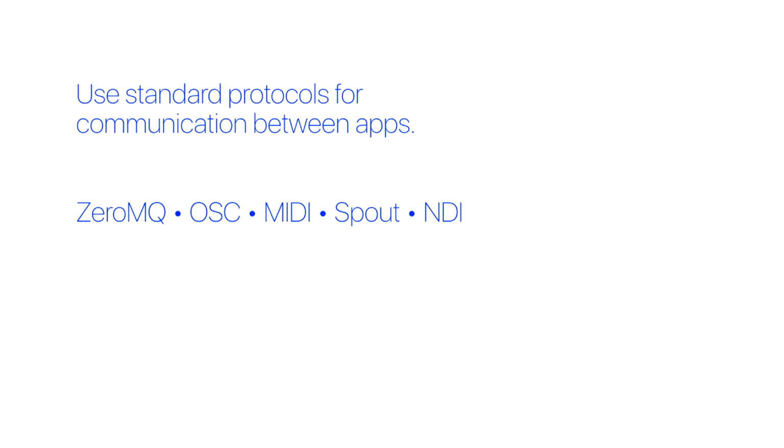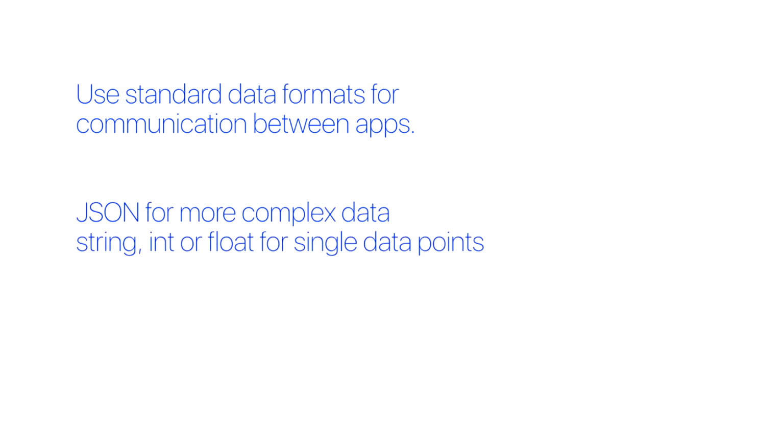Then Spout can be used for sending video between apps on the same machine, and NDI if you need to send video to other computers on the network. And we also need to use standard data formats for these communications. If you have some more complex multi-part data, use a JSON object. If you just have single data points, you can just use floats or strings or ints.